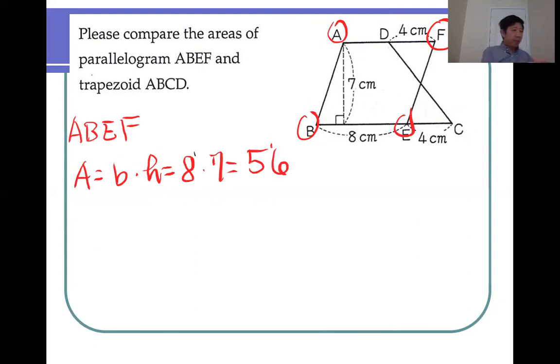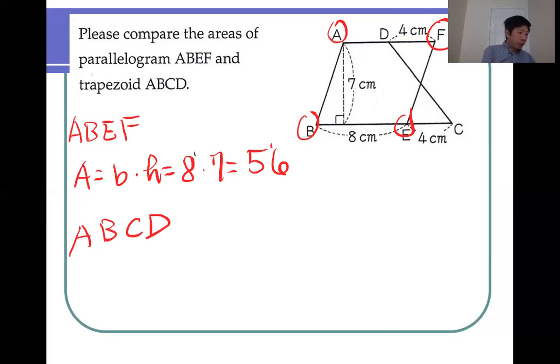Now what about ABCD? Next, I'm gonna find out ABCD. Now ABCD actually is a what? It's a trapezoid, right? It's a trapezoid.